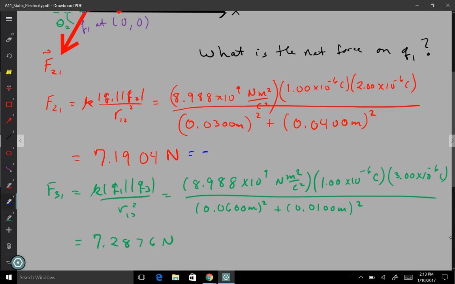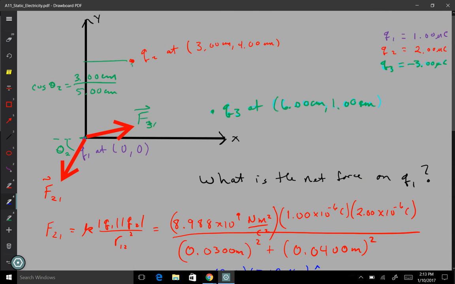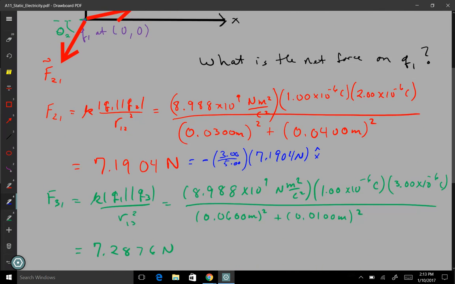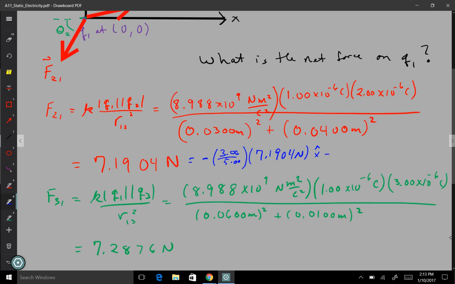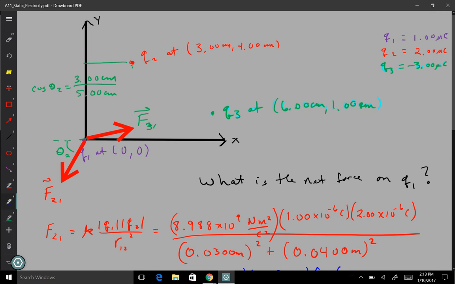So it's minus 3/5, which is 0.6, times 7.1904 newtons in the x direction. In the y direction, is it going to be positive or negative? Negative, so I'll put a minus there. And if I go the other way, opposite side is 4, so it's going to be 4/5.